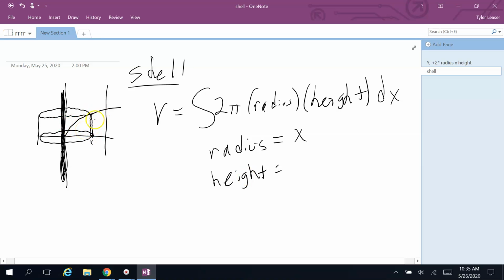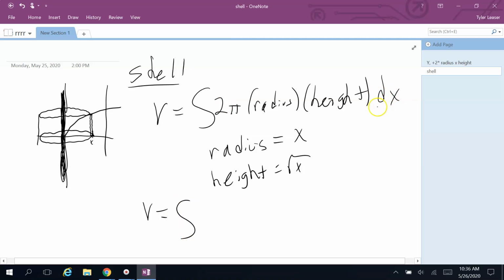The height is going to be the vertical distance of your slice. If you have your slice located at x, then it is going from the x-axis, or 0, up to the graph square root x. So our height is square root x. Okay, now we just plug those into the formula. So our volume is going to be the integral.